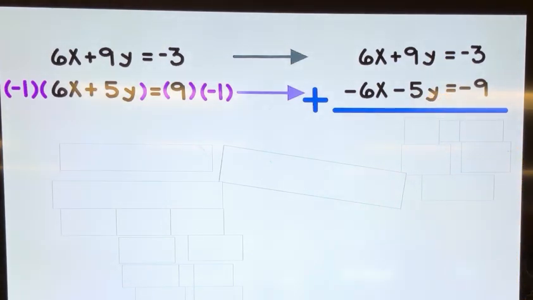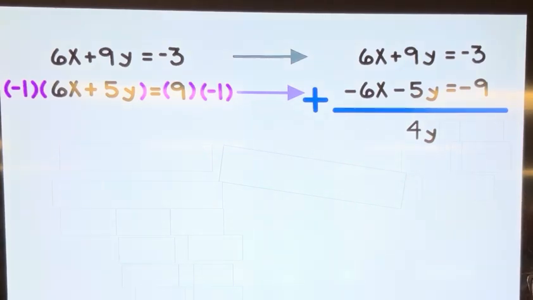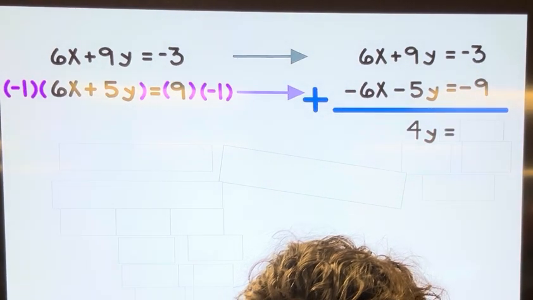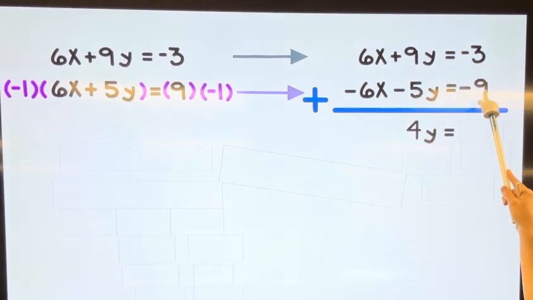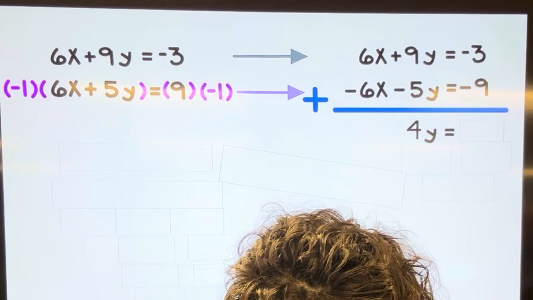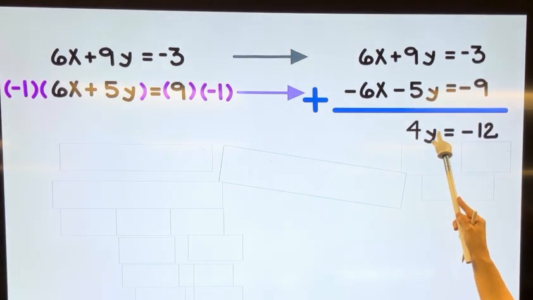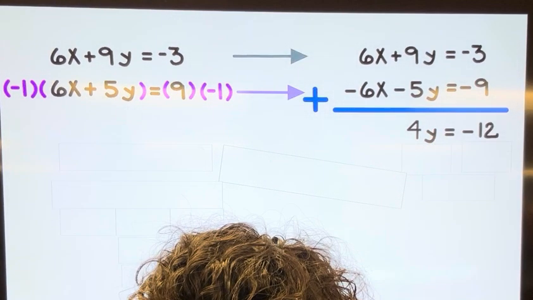9y minus 5y is 4y. Let's bring down the equal sign. And then -3 minus 9 is -12. To finish getting y by itself, I want to get rid of multiply by 4. So let's divide by 4.